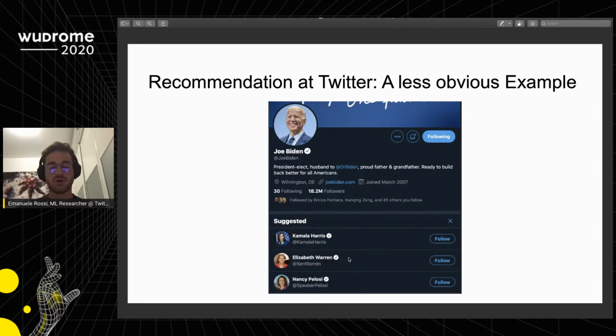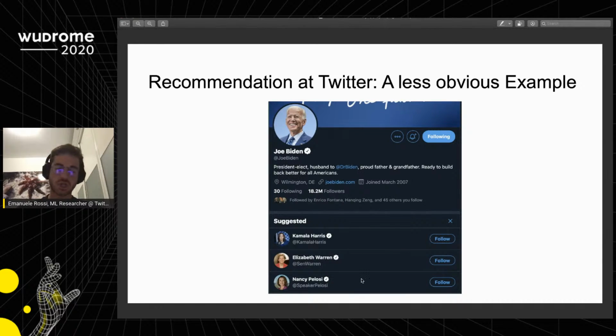So here you can clearly see that hopefully these 3 profiles are quite well related to Joe Biden. And clearly, you can think about some heuristics to do this, but the best way is clearly using machine learning. Using all the data that Twitter has about previous follow events, so who followed who, we can really learn who to recommend here.